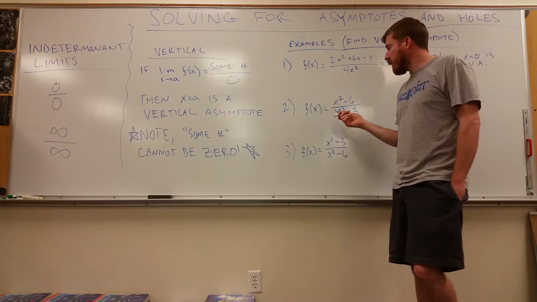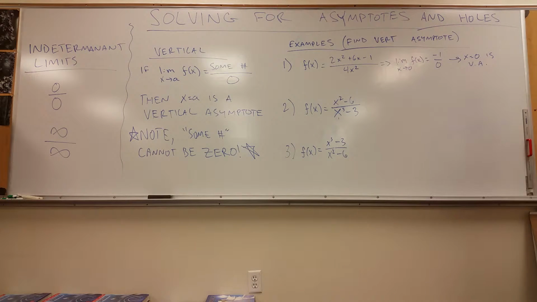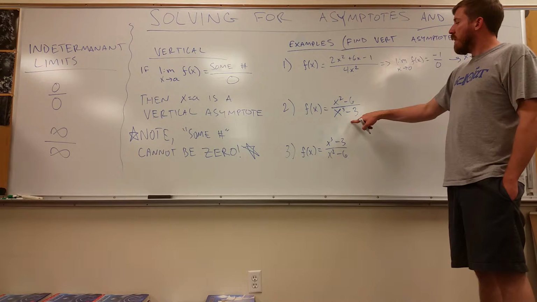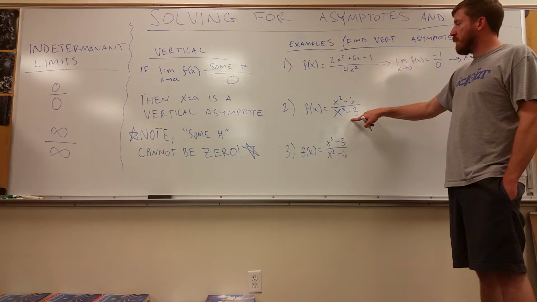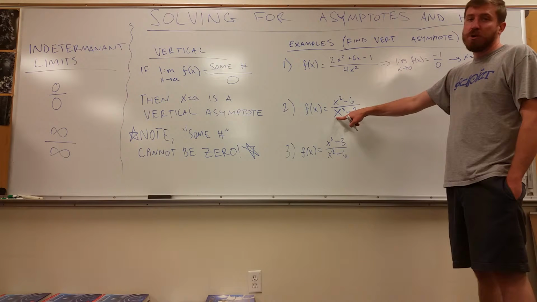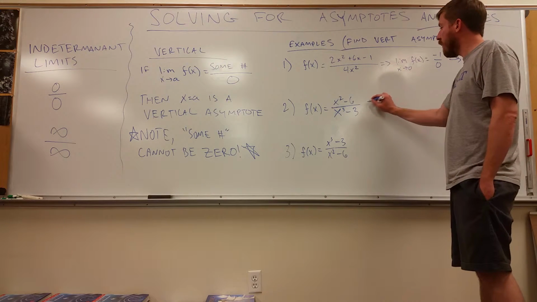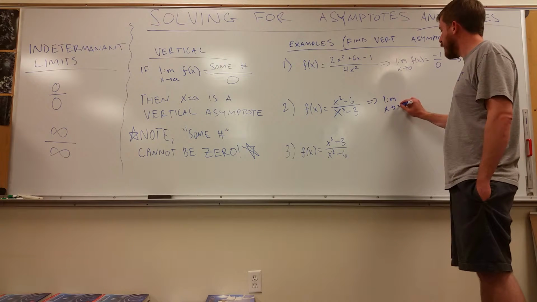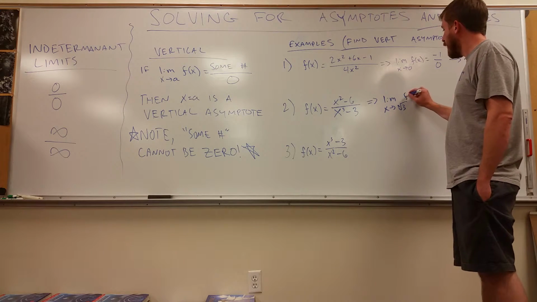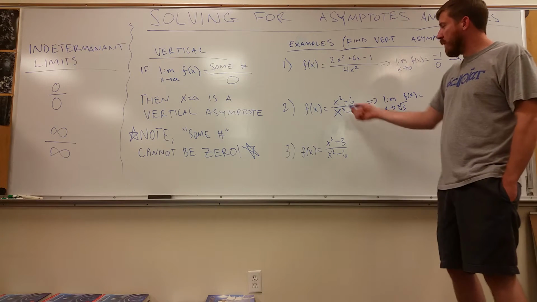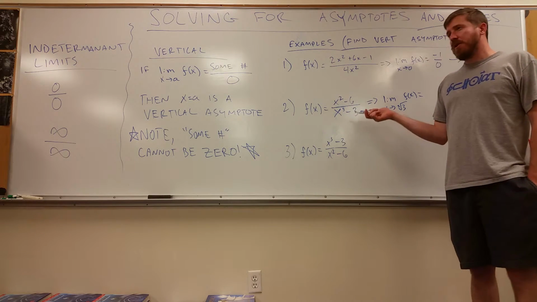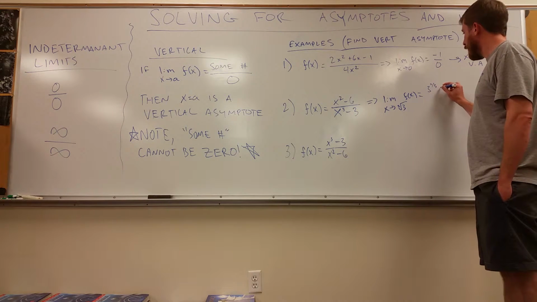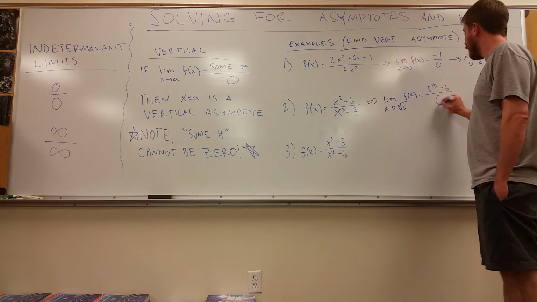All right, now try to do this example on your own. See if you can figure out what the answer will be. You should find that what's going to make this denominator equal to 0 is if x were the cube root of 3. So in this case, the limit as x goes to the cube root of 3 of f of x would be, if we plug the cube root of 3 in here, the cube root of 3 squared, which is 3 to the 2/3, minus 6, over 0.